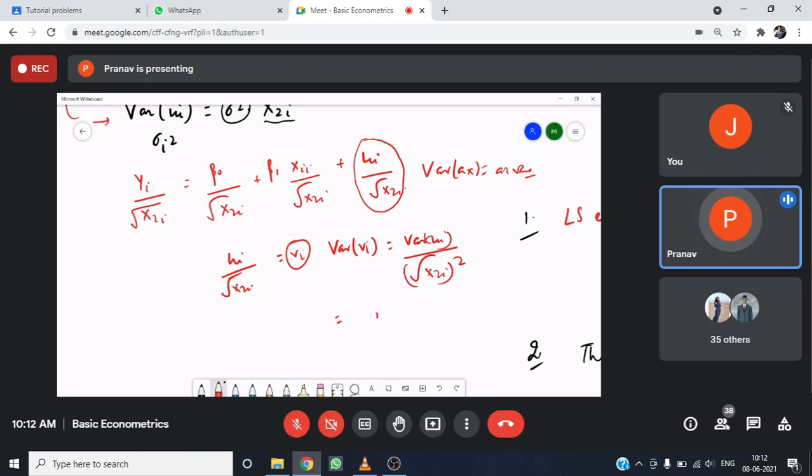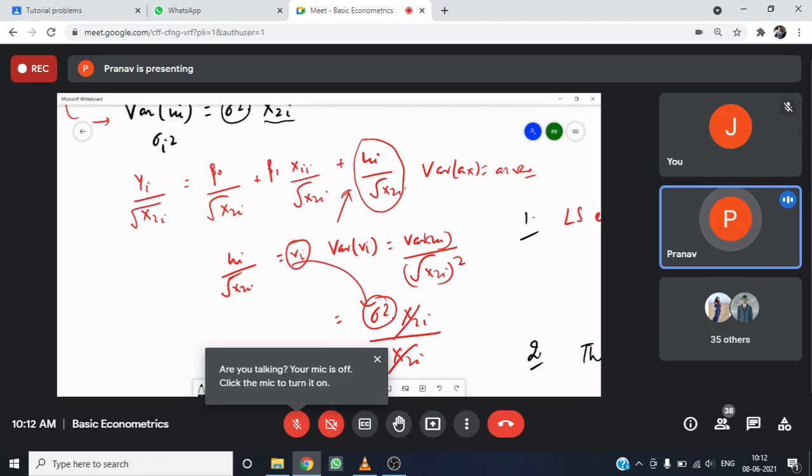The variance of ui, we just saw, is sigma square times x2i. Now under root x2i whole square will be x2i. So this gets cancelled, and that's how the new variance of the weighted error term comes out as sigma square, which is a constant. And this is the method of WLS, that is, weighted least squares.